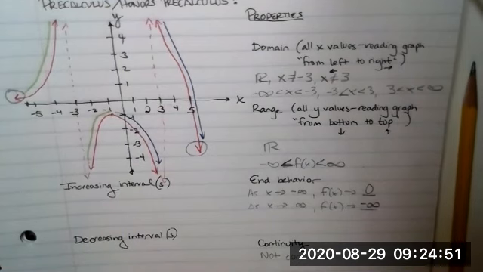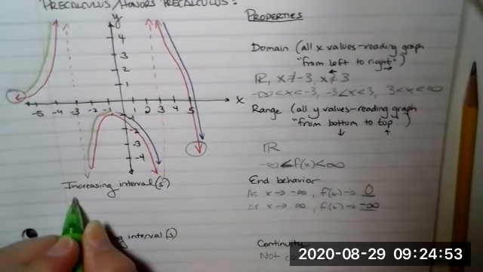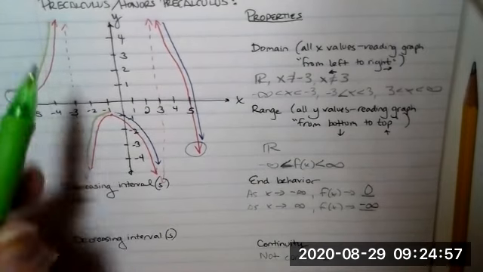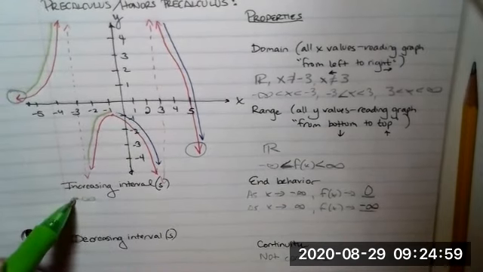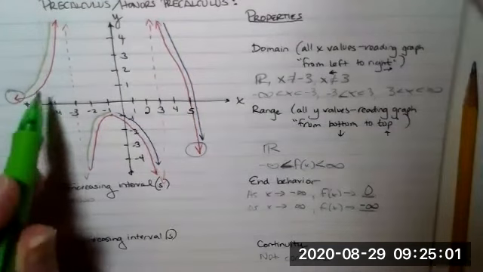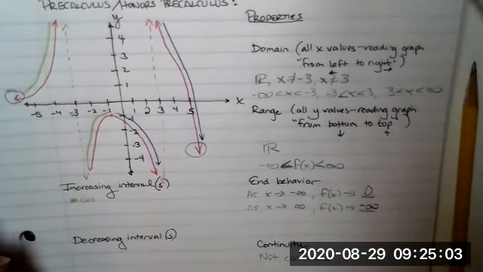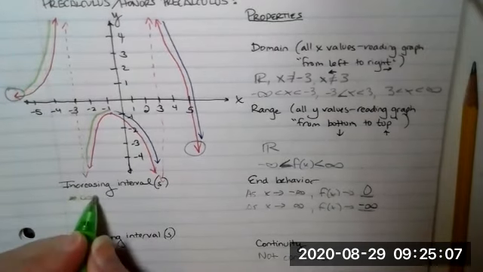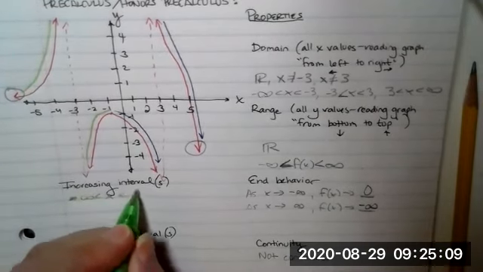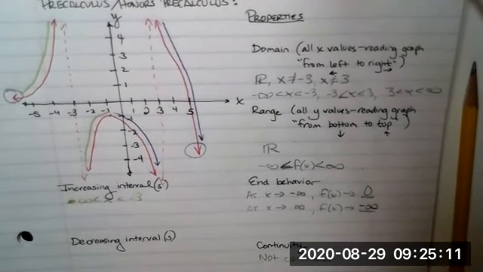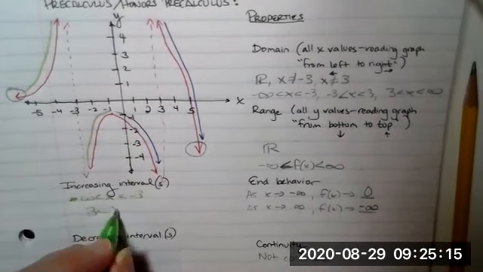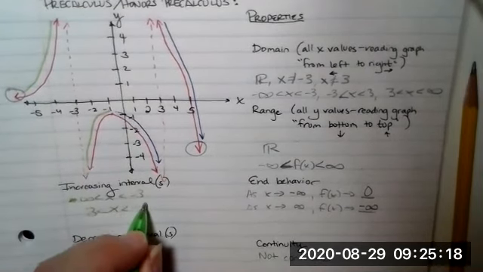So for increasing, we'll go from -infinity, because that's the first part of the graph, and the arrows indicate that the domain continues to -infinity. So from -infinity to -3, where we have that break, it is increasing. And then again, we pick up from -3 to -1.